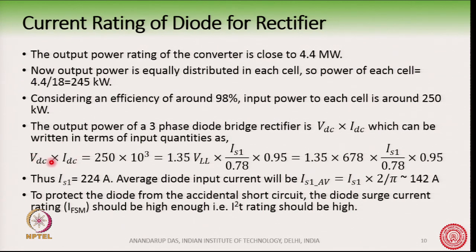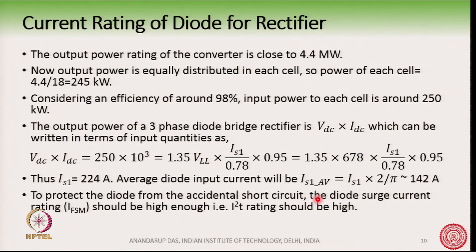VDC into IDC is equal to 250 into 10 to the power 3, which is again equal to 1.35 VLL into IS1 by 0.78 into 0.95. How do we get this one? Again, we get this factor from the analysis of 3 phase rectifiers. The fundamental source current is 0.78 times the DC current.